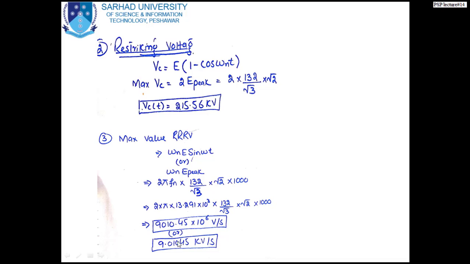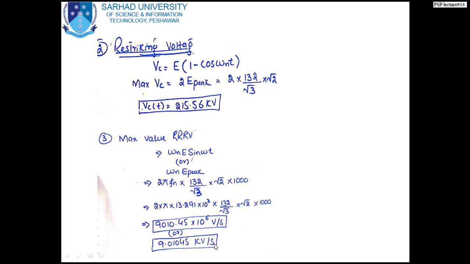So it is 9010.45 multiplied by 10 raised to the power 6 volt per second, or 9.01045 kilovolt per microsecond.